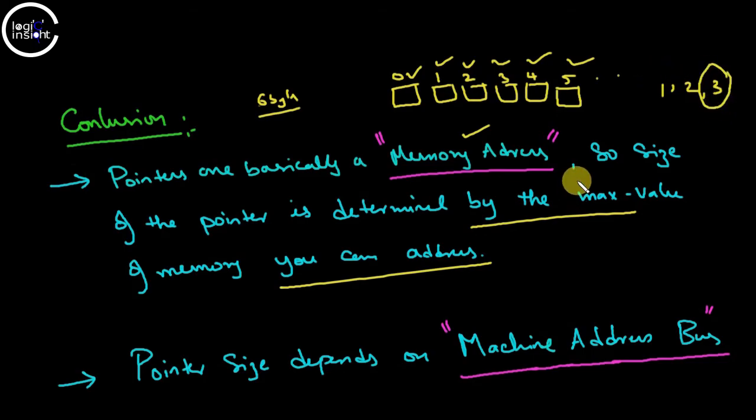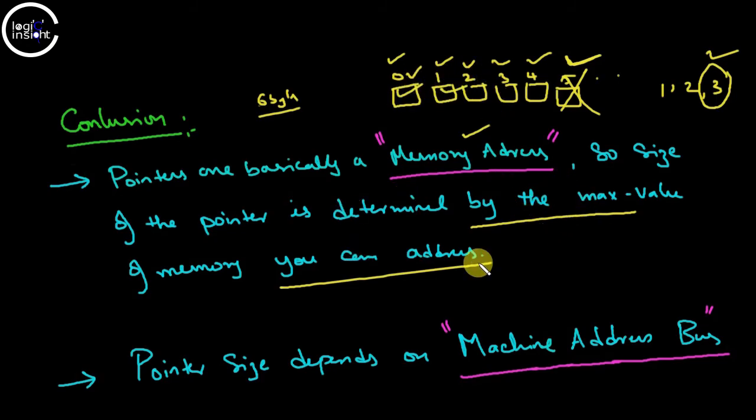The point here is that the pointer size is determined by the maximum value. Here the maximum value is 5. In order to reach the maximum value, I need 3 bits. If 3 bits are required, then I can access from the lowest location to the highest location. If I take 2, then I can't access this location. If I take only 1, I can access only these two locations.